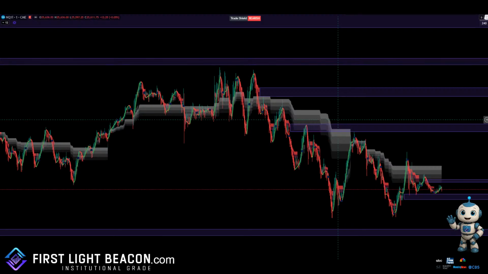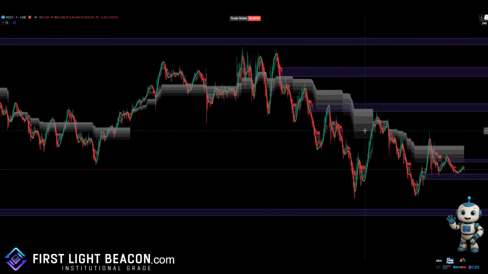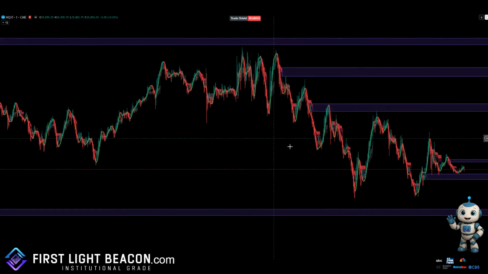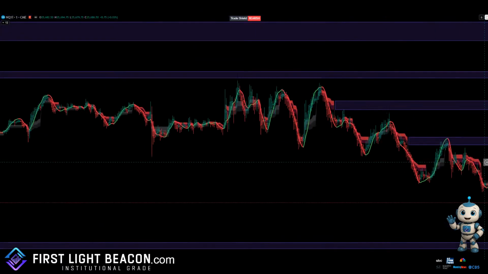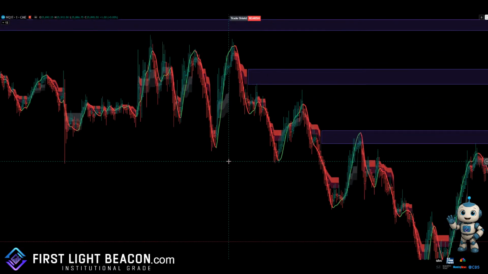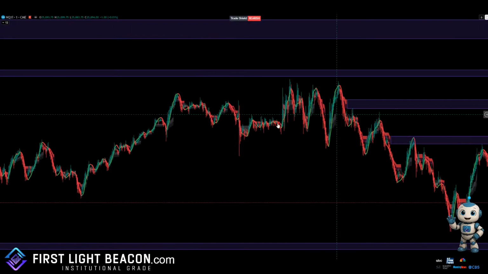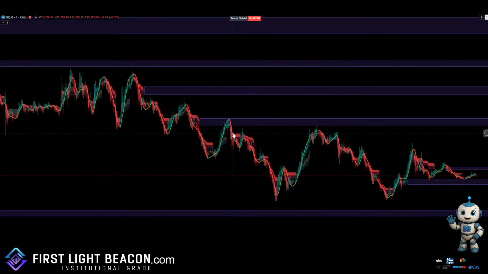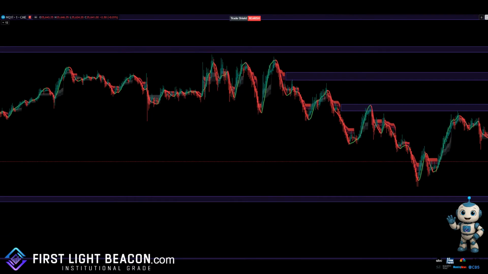The V6 DMNC is about the Pine Script version, not the version of the First Light Beacon. We're still on legacy. Version 2 is being worked on, and it's going to be more geared towards signal generation, not zones. So you would still use both, but it's going to help with buy and sell signals actually being placed on stuff like this right here.